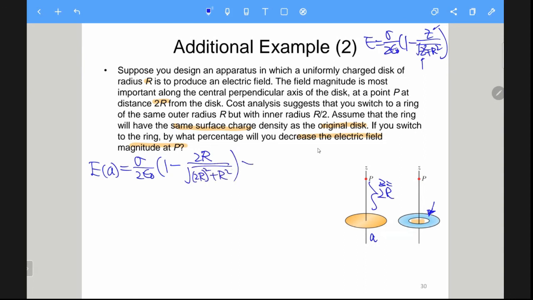If we simplify it, we get sigma over 2 epsilon naught, and the R and R squared will be cancelled. So it turns out to be 1 minus 2 over square root of 5.